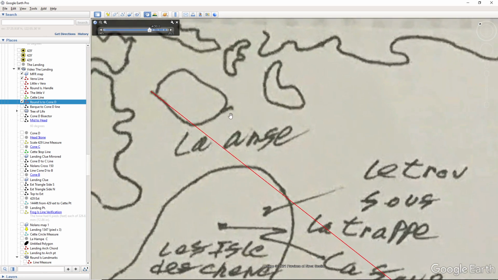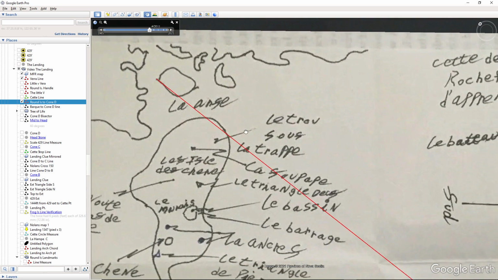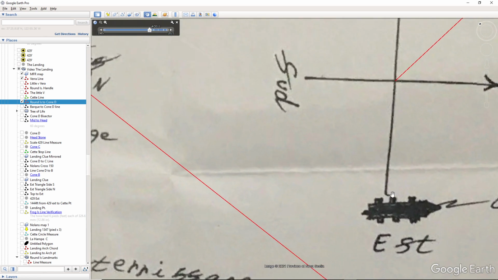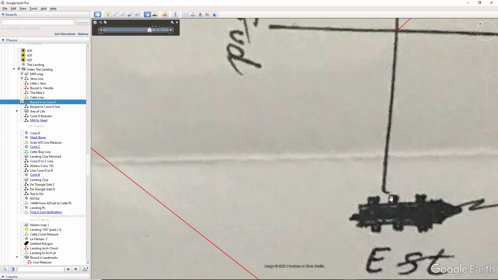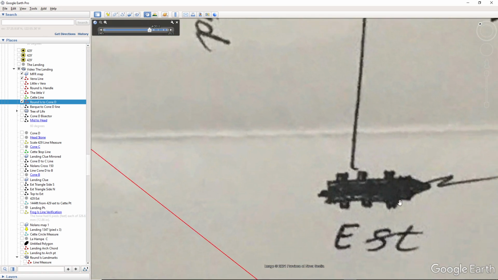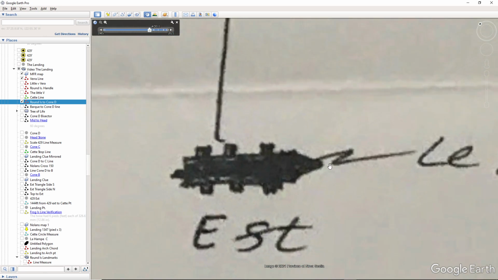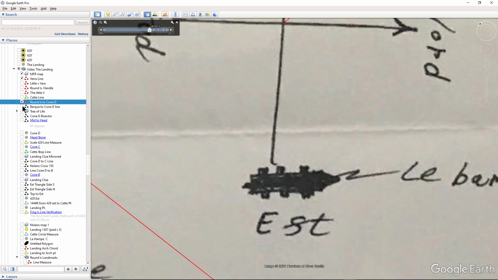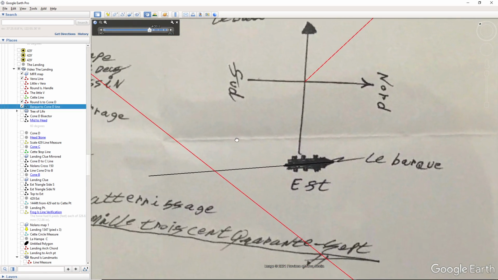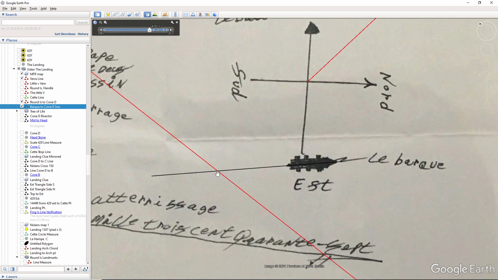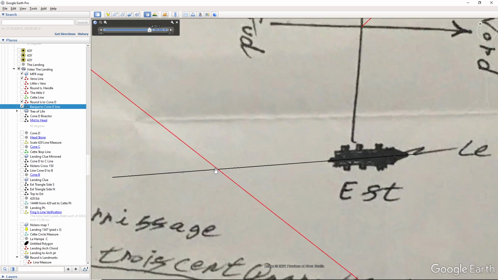It's not necessarily a vector, but it's a clue that this line is associated with the bark. And this is the bark right here. And if we take a line from the little geometric indicator here through the back of the bark, through this notch, we end up with a cross right here, an intersection right here.